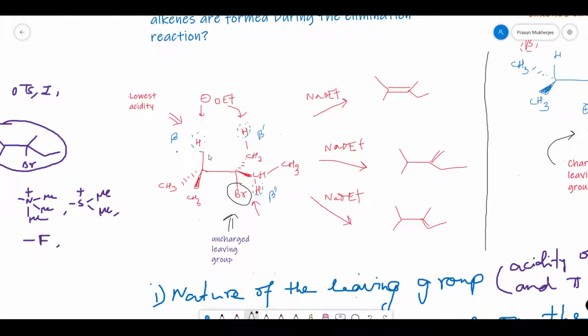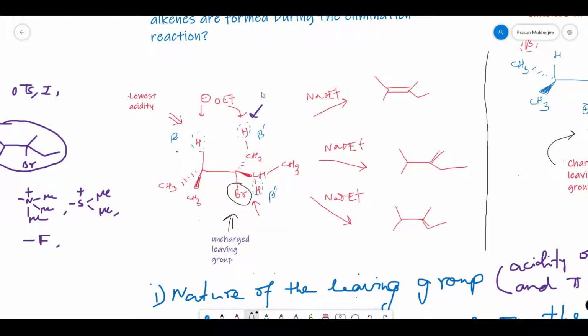So let's consider the acidity of these three beta hydrogens. Which one will be more acidic? As you know, the beta hydrogen attached to the less substituted carbon atom will be more acidic.